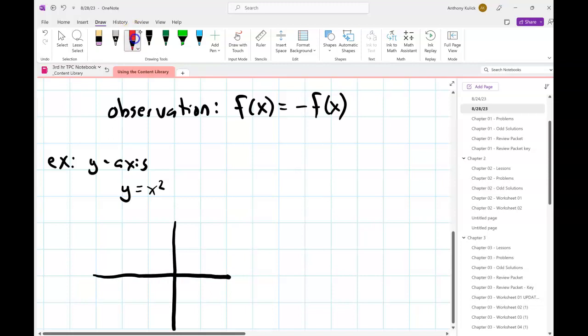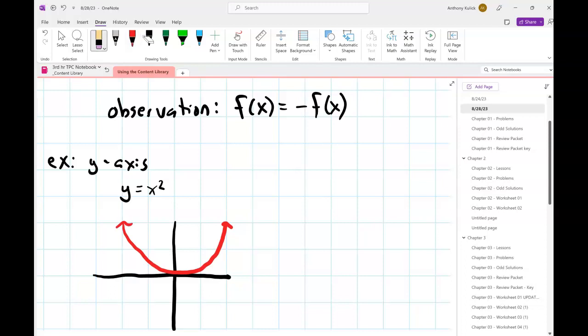So the graph of y equals x squared looks like this. Try to draw that a little bit better. This is maybe a smidge better. Everybody's okay here?